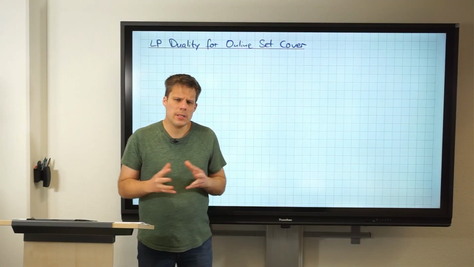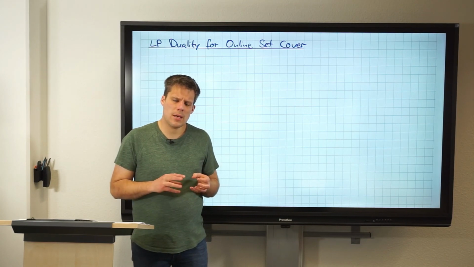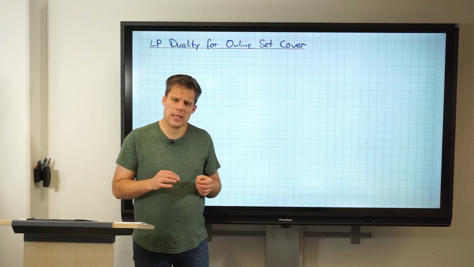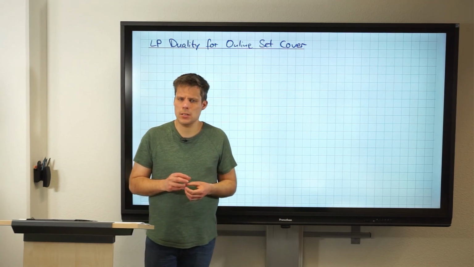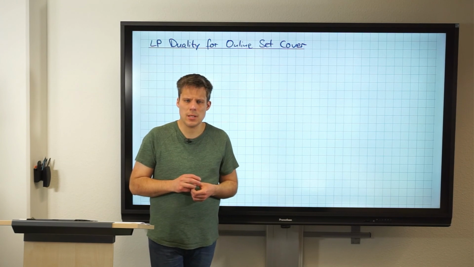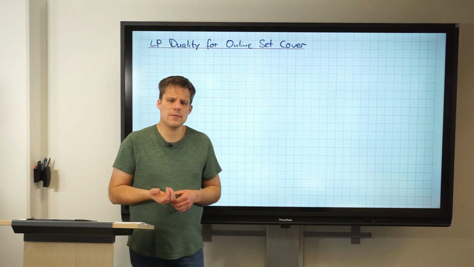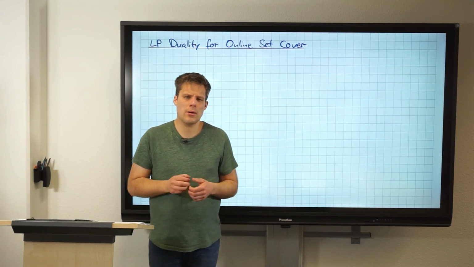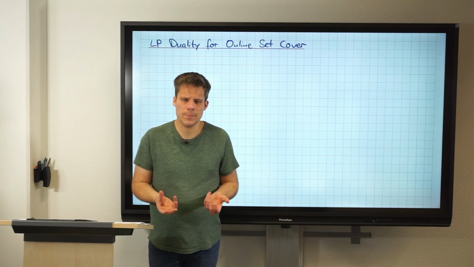So where are we so far? We've seen that LP duality helps us bound the competitive ratio of algorithms. Namely, its main feature is that it gives us a bound on how good the optimal offline solution can be.